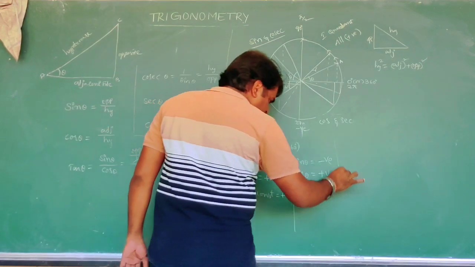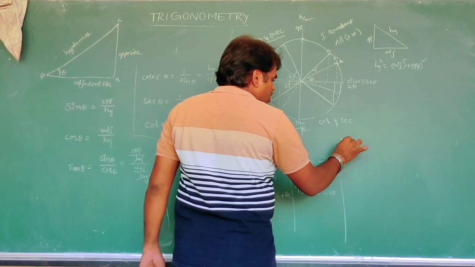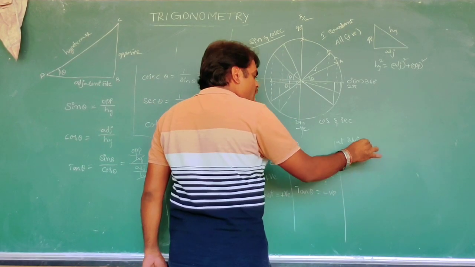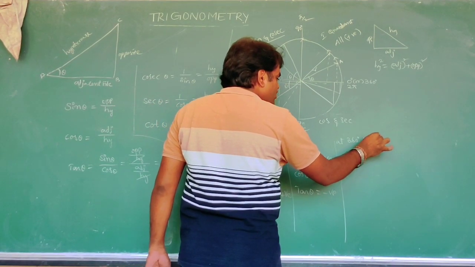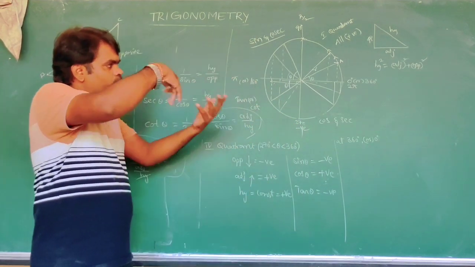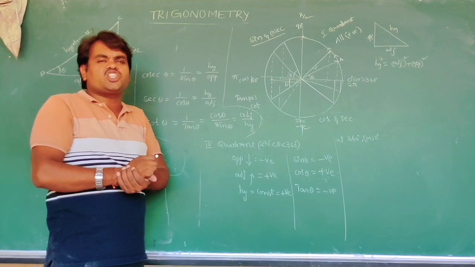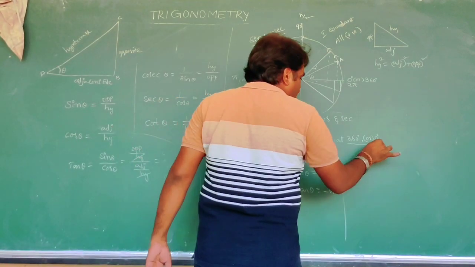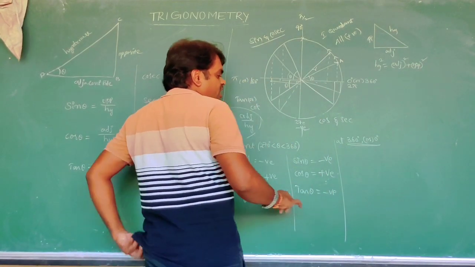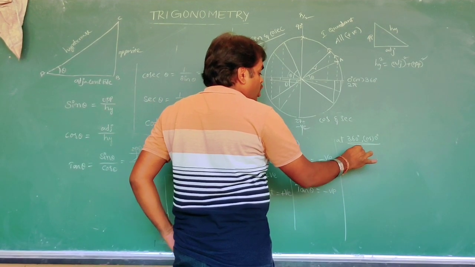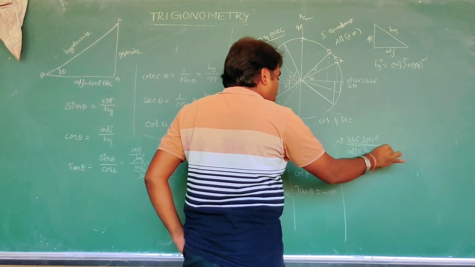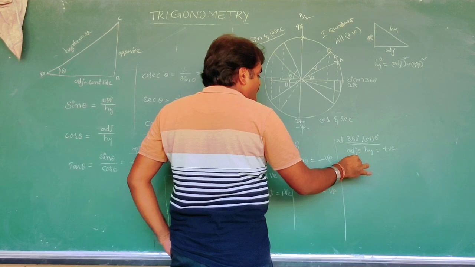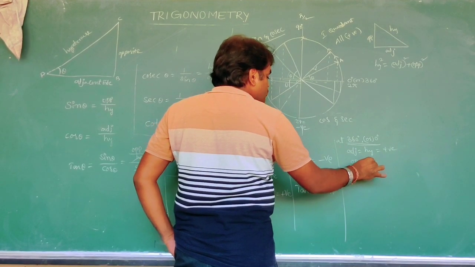Now at 360 degrees, or 0 degrees, because it is one complete rotation, it comes back to the initial position. That's why it is 0 degrees. At 0 degrees or 360 degrees, the adjacent side is equal to the hypotenuse. Both are positive, but the opposite side is 0.